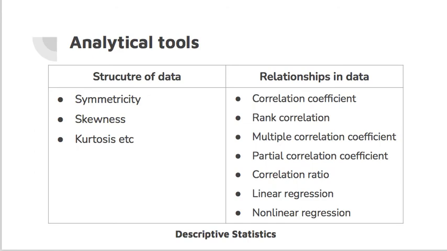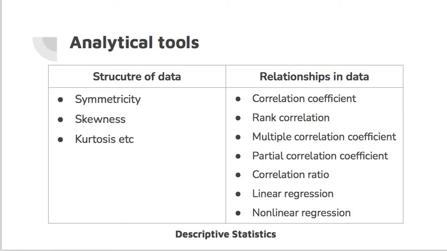These are the tools that can be included in descriptive statistics. What matters is what type of statistical tool you adopt and what type of statistical test you perform with your data.